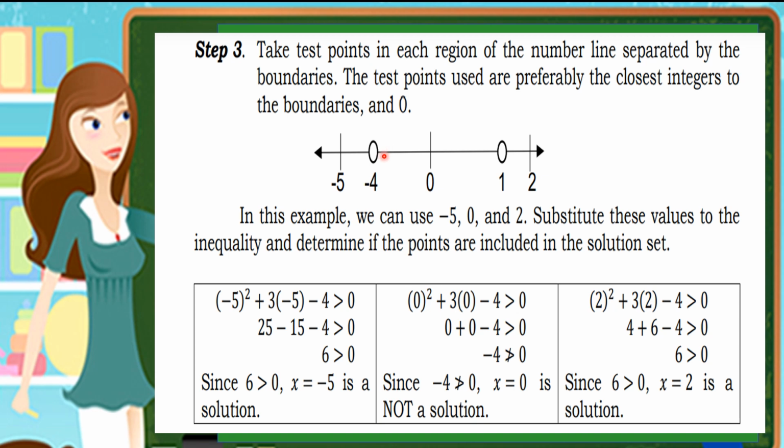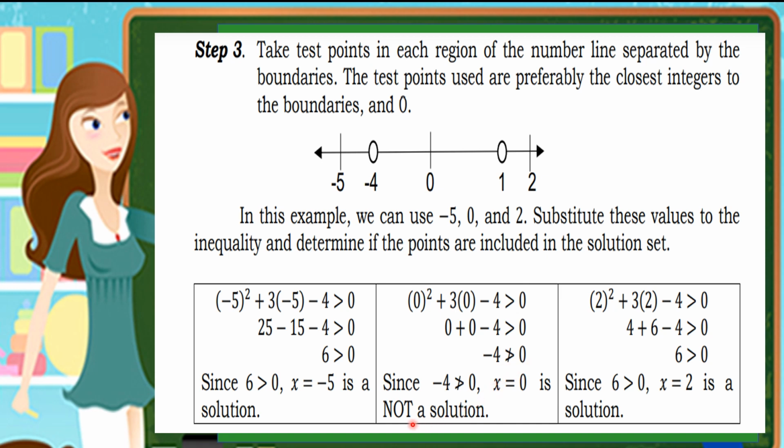Tingnan natin kung itong gitnang portion ay value ng ating inequality. So, we have 0 squared plus 3 times 0 minus 4 is greater than 0. So, -4 daw is greater than 0. True or false? False, kasi mas malaki si 0 kaysa sa negative.